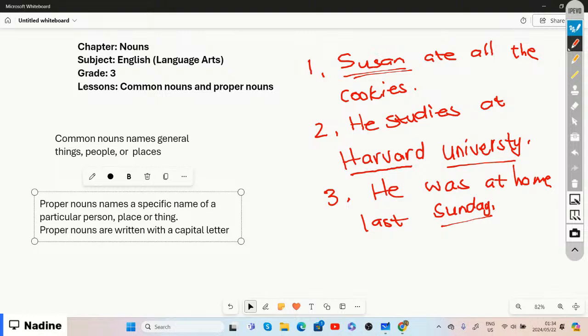If we specifically give the name of a place, that is also capitalized. Let's say, for example, you write school. School is a common noun, a general noun. But as soon as you give the name of your school, then it becomes a proper noun.